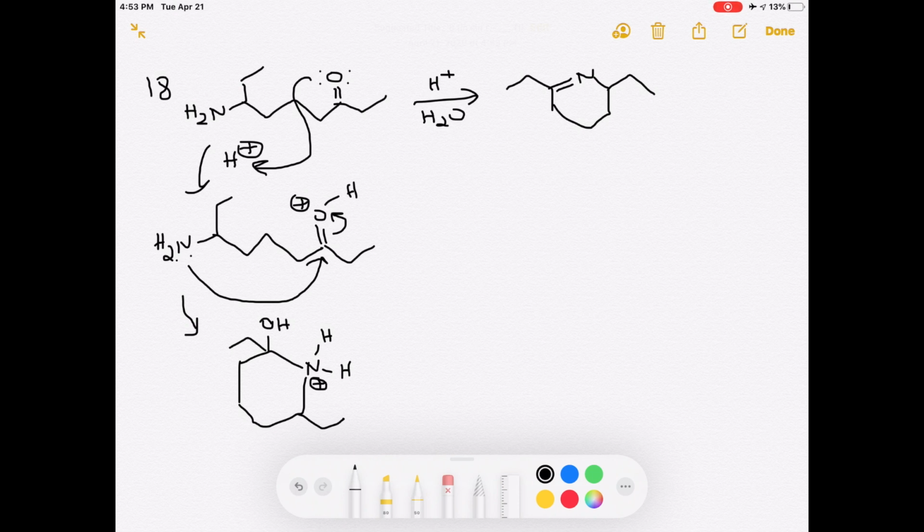So right now we have a positively charged nitrogen, and again we want to try to remove those charges. This is where the water comes into play.